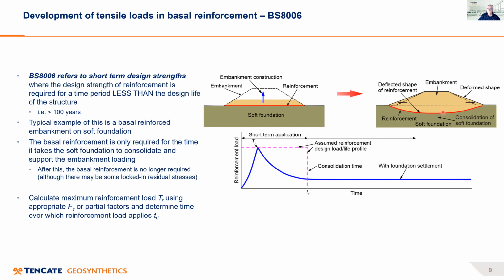When it deforms to that shape, some residual tensile stresses in the reinforcement are locked in, and they remain in the reinforcement with time. The levels are normally fairly low, probably around a maximum of, say, 20% of the maximum load in the reinforcement. So they're relatively small, but there are normally some residual tensile stresses locked in.